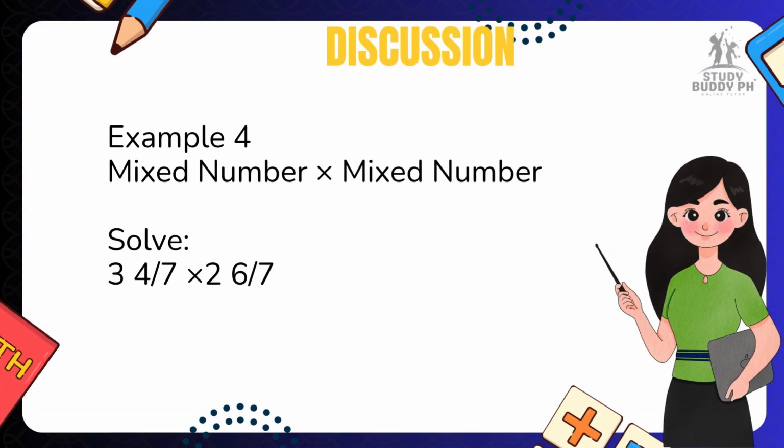Example 4. Mixed number times mixed number. Solve 3 and 4/7 times 2 and 6/7.